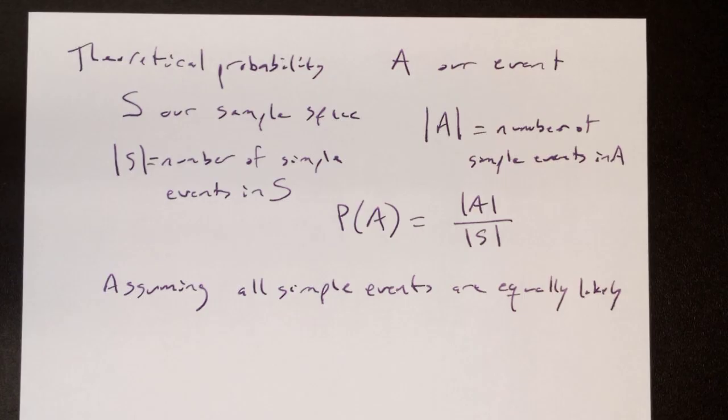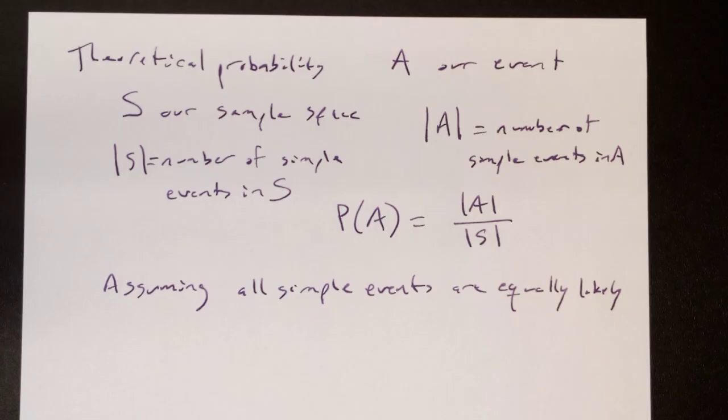Now, the problem is that S could have a really large number of things in it. And A could have a really large number of things. They're based on pure logic, theory, not always possible in business situations. I might not have complete knowledge of all the sample space, or I might not have complete knowledge of how likely each individual event is.